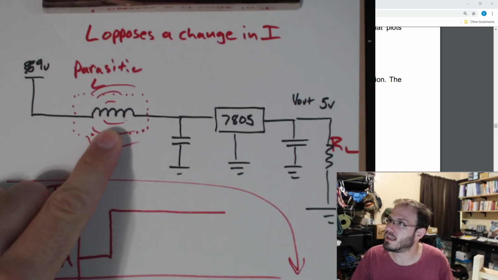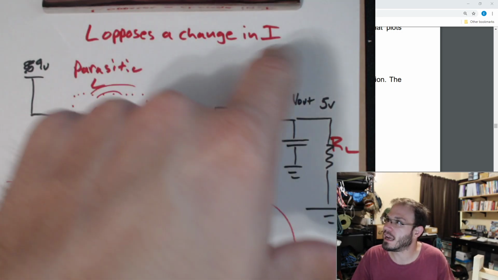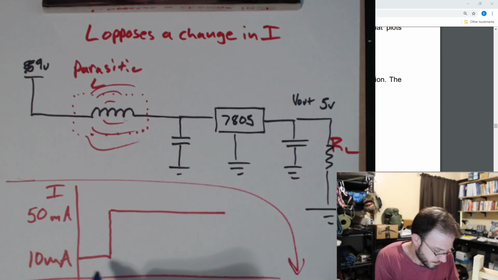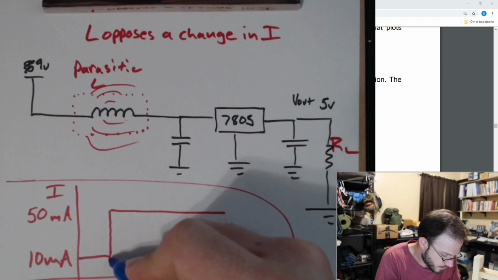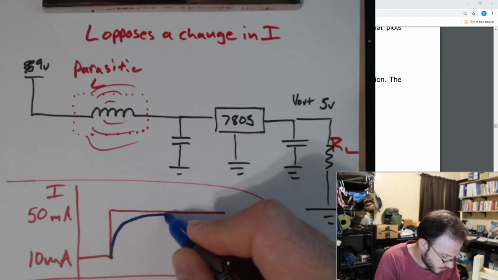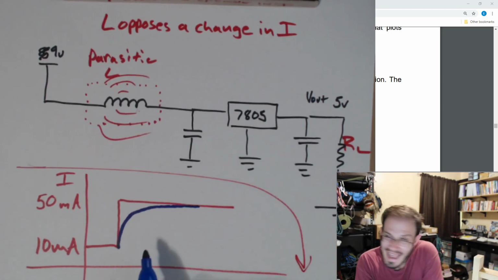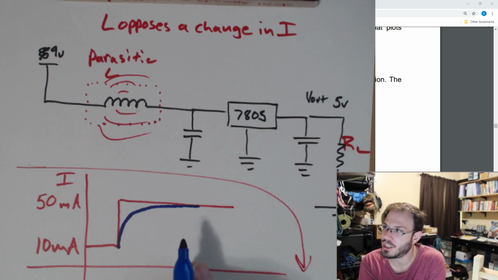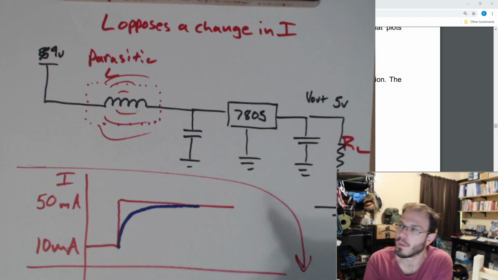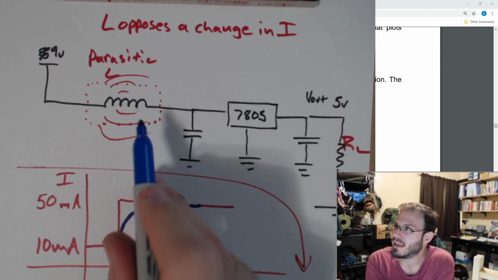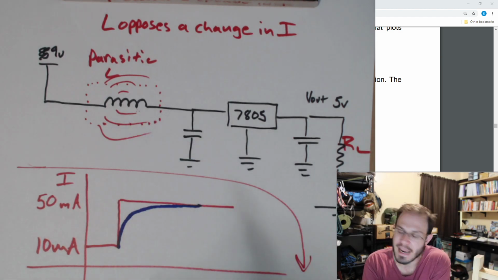because of this parasitic inductance that opposes a change in current, anytime we have a change in current, it's going to take some time for the current to change. The current cannot change instantly, and that's because this inductor's opposing that change.